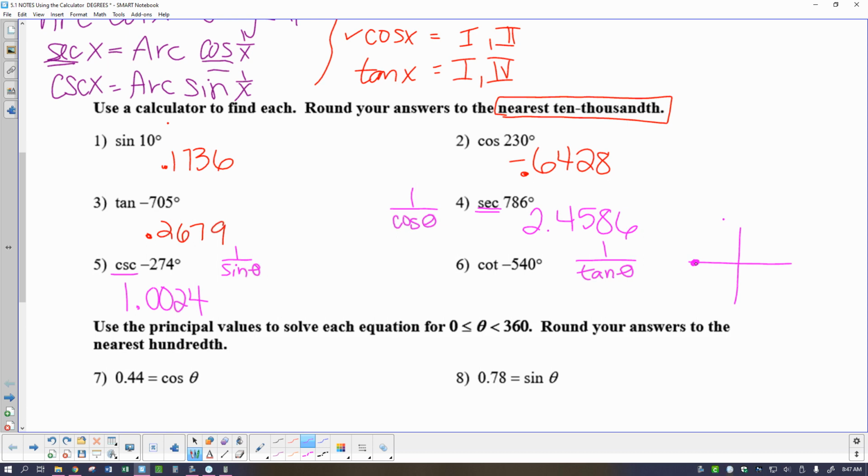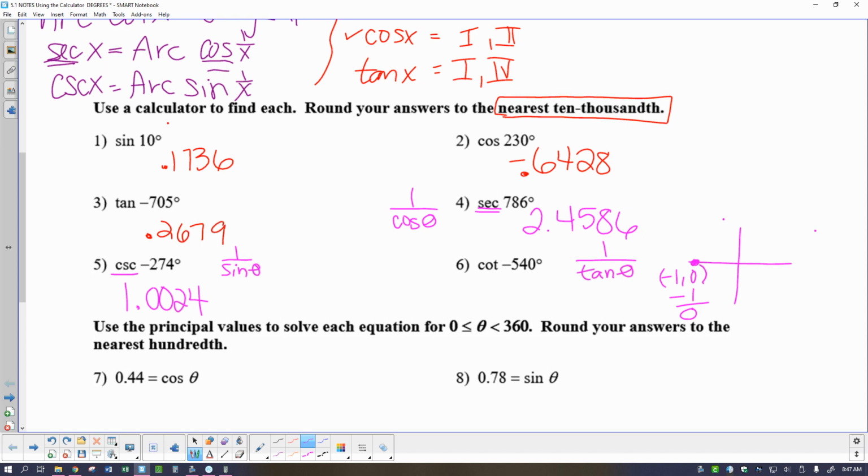I can divide by 360, I could divide by 180, I could figure out where that is based on using my calculator if I wanted to. But it is at pi, or 180 degrees, or negative 180 or negative pi, depending on how you want to look at it. However, the ordered pair there is negative 1, 0. And cotangent is cosine over sine.